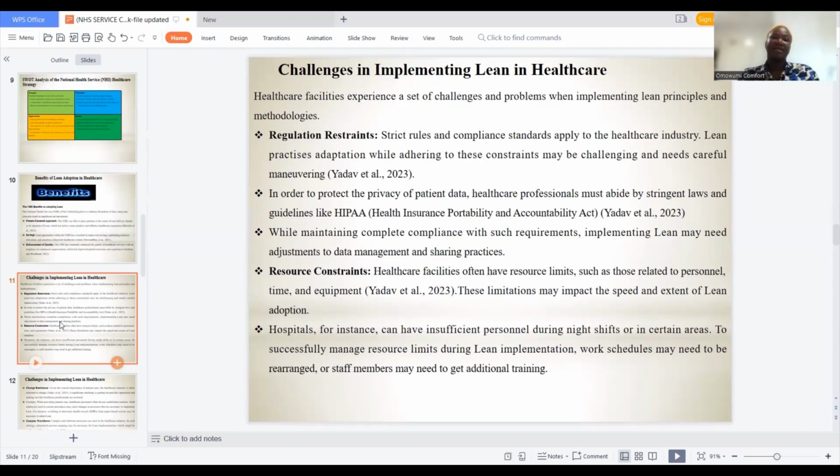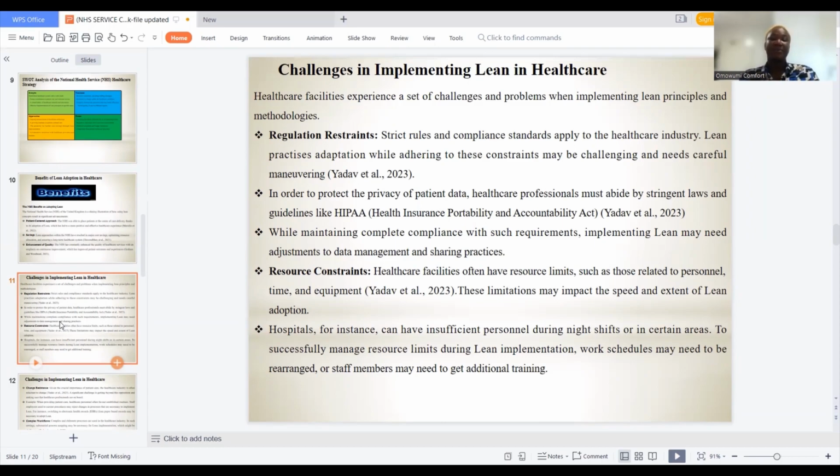The next slide explains the challenges in implementing lean in healthcare. Implementing lean principles and methodologies in healthcare facilities can be challenging due to various factors like strict regulations and compliance. Standards in the healthcare industry require careful maneuvering to adapt lean practice while adhering to the constraints.